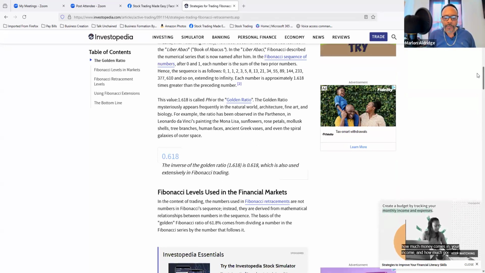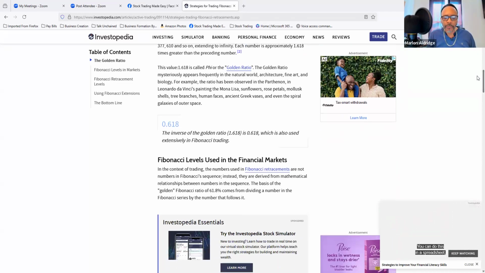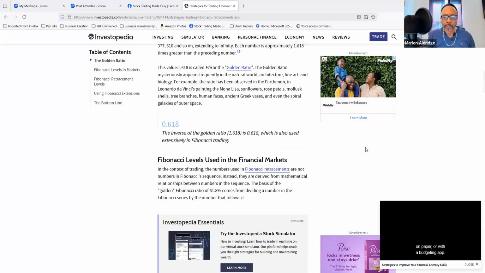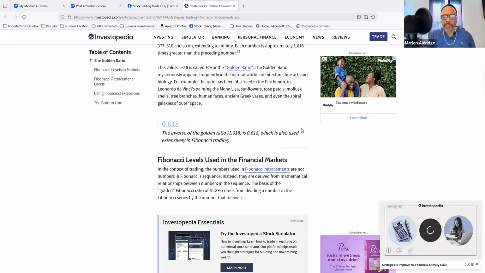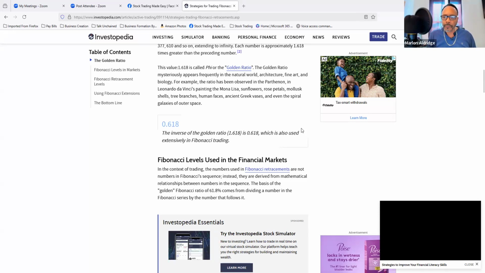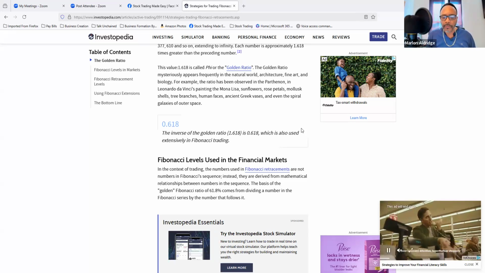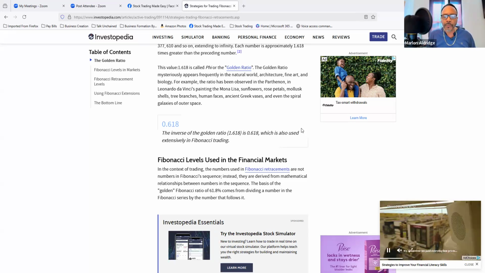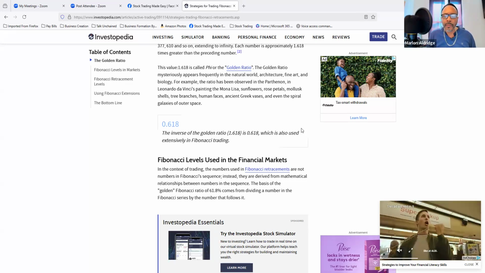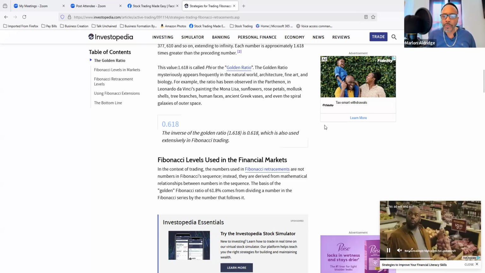But more importantly for us, we're going to use what are called these Fibonacci retracements. Now, let me talk about what a retracement is, so you understand how we use this to enter and exit trades. Let's say that a company is in an uptrend, and it's been like that for, say, over a year, maybe half a year, maybe a quarter or so.